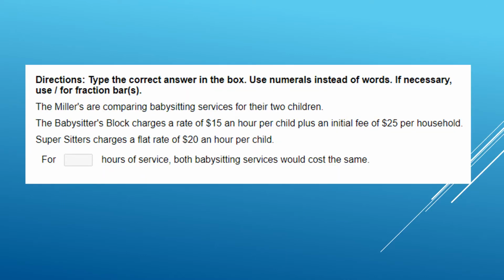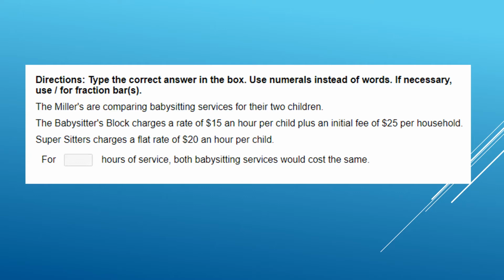So, the Millers are comparing babysitting services for their two children. The Babysitter's Block charges a flat rate of $15 an hour per child plus an initial fee of $25 per household. Super Sitters charges a flat rate of $20 an hour per child.